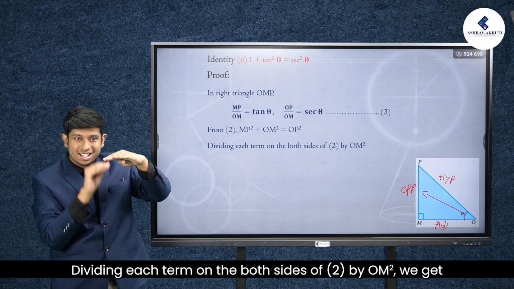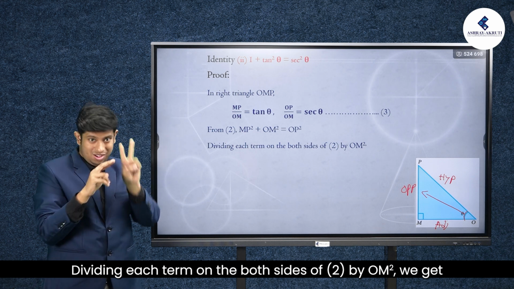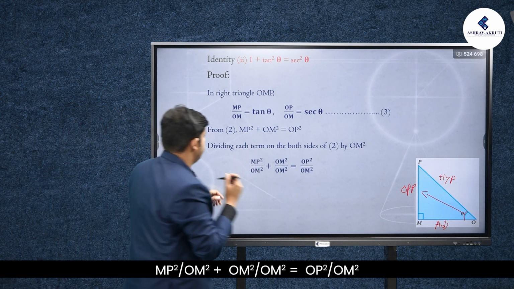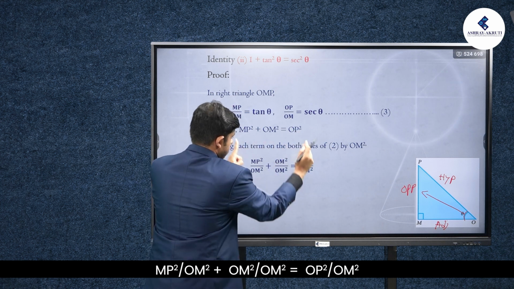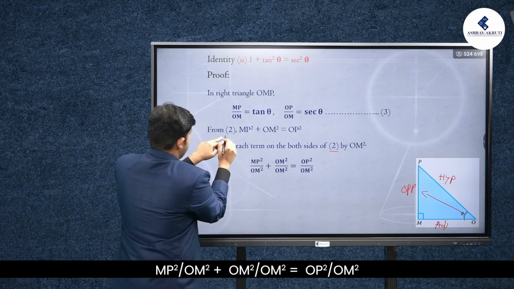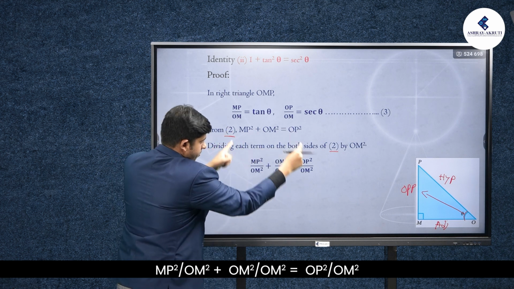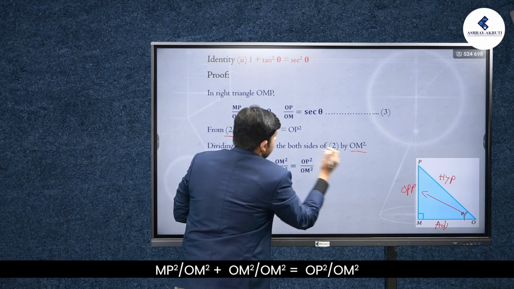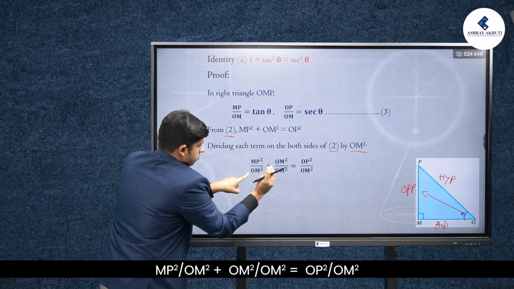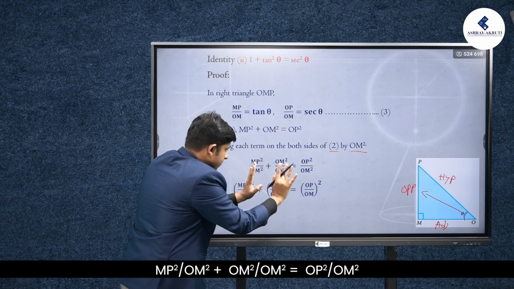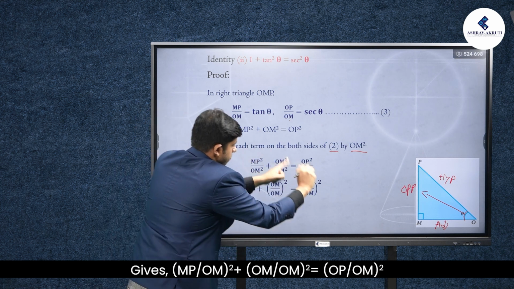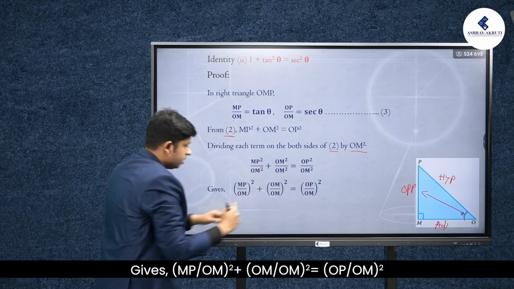Dividing each term on both sides of 2 by OM square, we get MP square by OM square plus OM square by OM square is equal to OP square by OM square. That gives (MP by OM) whole square plus (OM by OM) whole square is equal to (OP by OM) whole square.